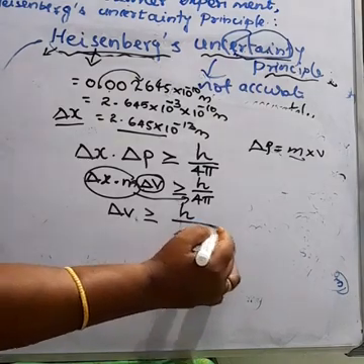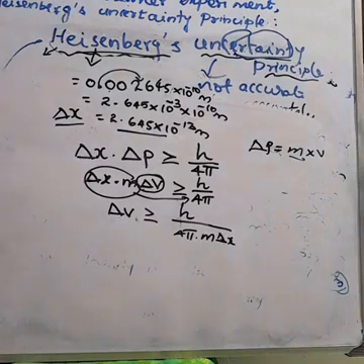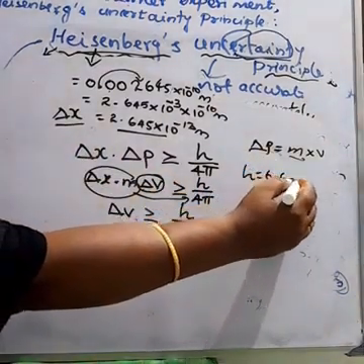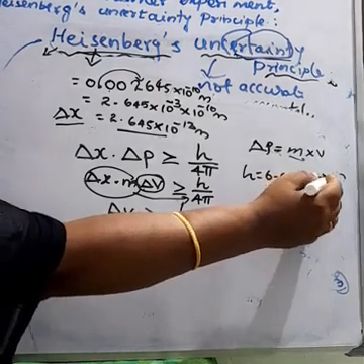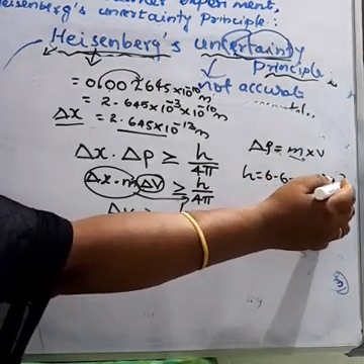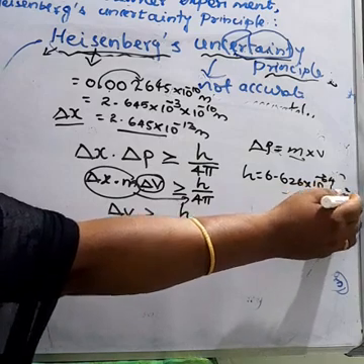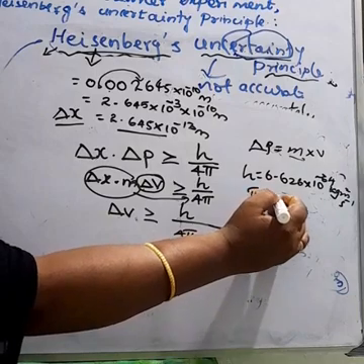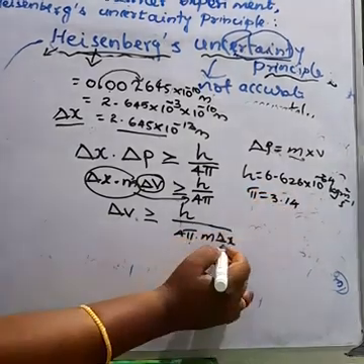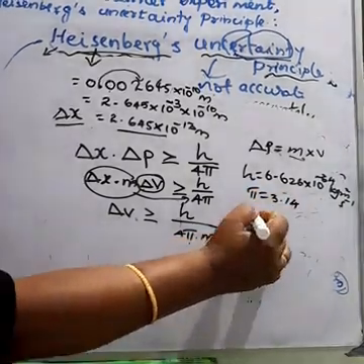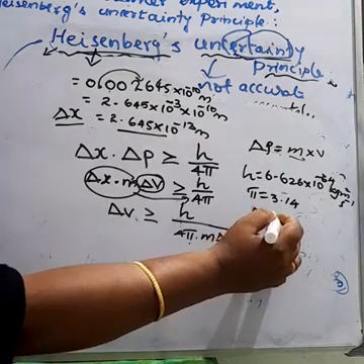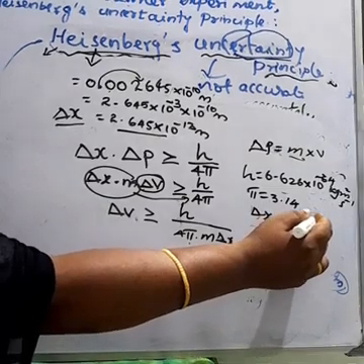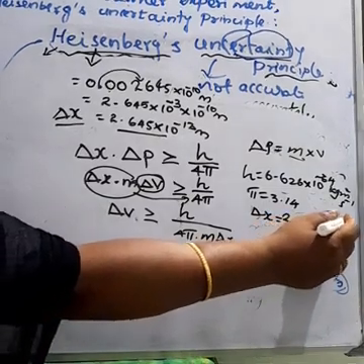We know all the values. h is the Planck constant. What is the value of h? 6.626 into 10 power minus 34 kilogram meter square per second. The pi value we know is 3.14. And delta x, the uncertainty in position, we have now calculated. What is the value? 2.645 into 10 power minus 13 meter.